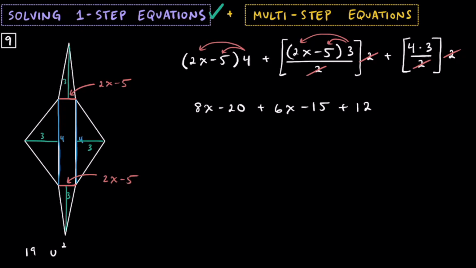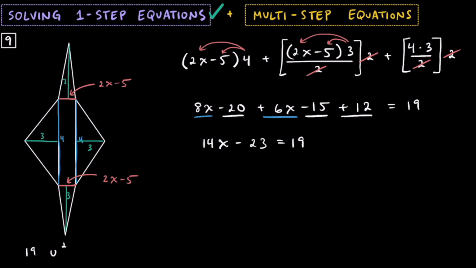Again, this whole thing represents the area, which is 19. I didn't write it earlier, but I'll write it right now. Combining like terms, 8x plus 6x is 14x. And then negative 20 minus 15 is negative 35. Negative 35 plus 12 is going to be negative 23. So 14x minus 23 is equal to 19.